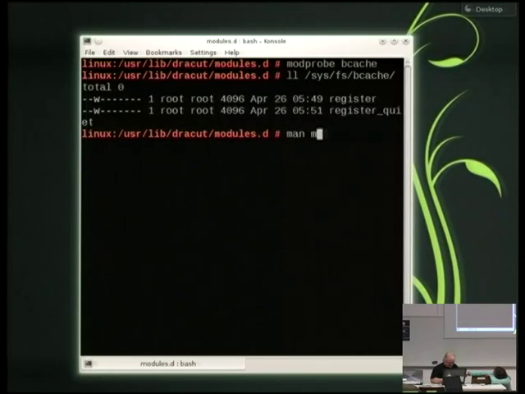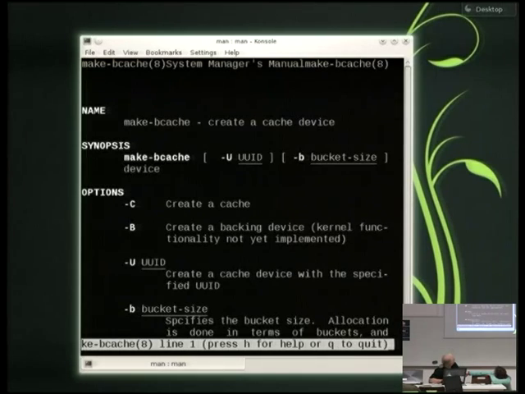And like any competent hacker, we will look at the man page first. There you can see we have options for creating a cache and creating a backing device. And what this documentation does not tell you is that you should do this simultaneously. Then the association will be done automatically.